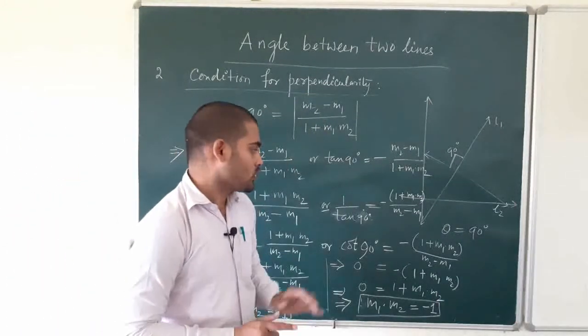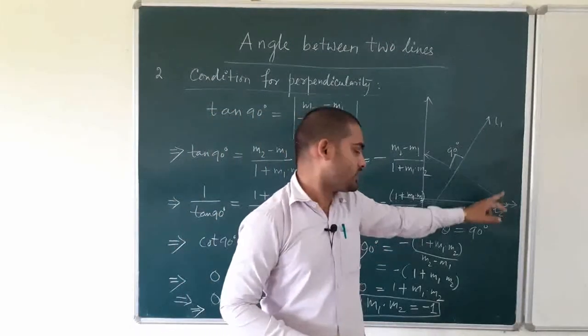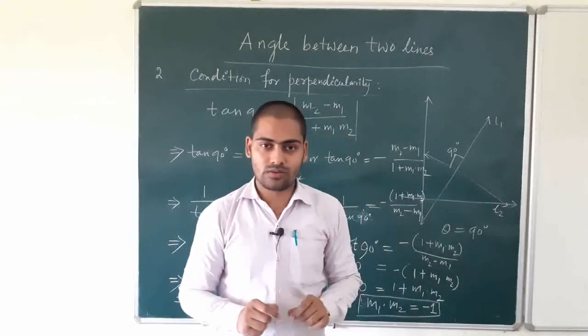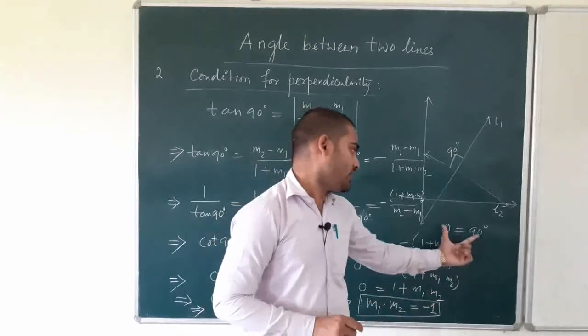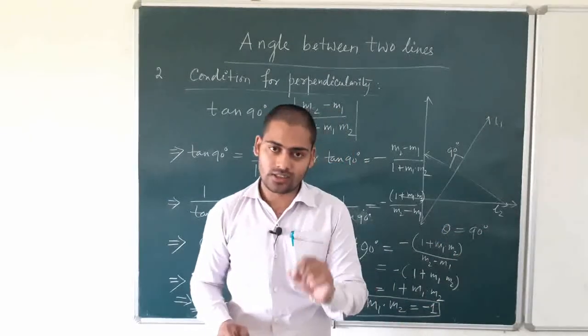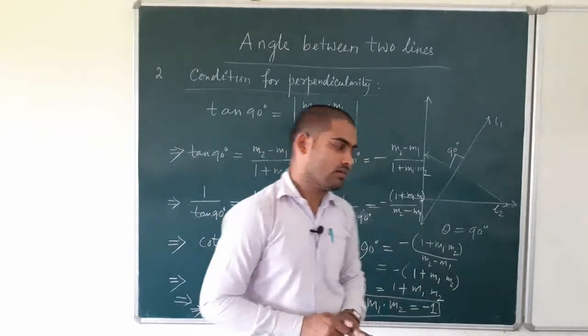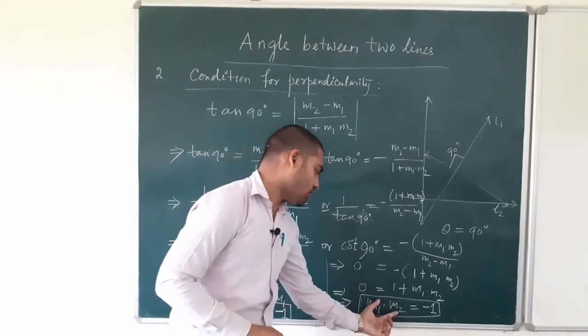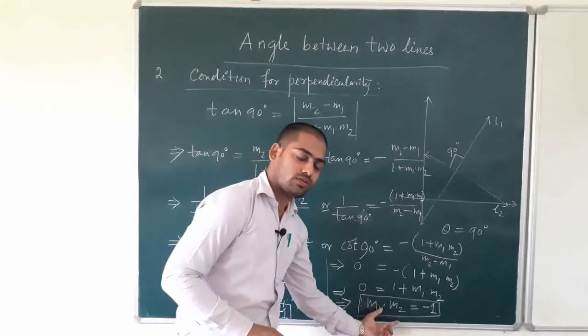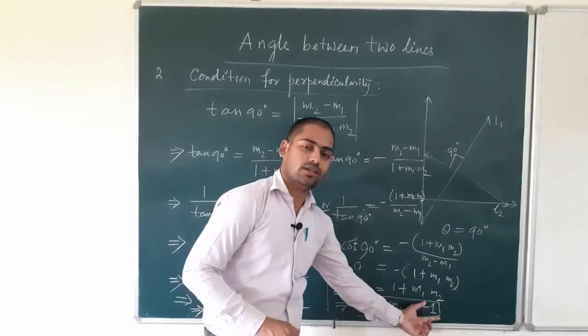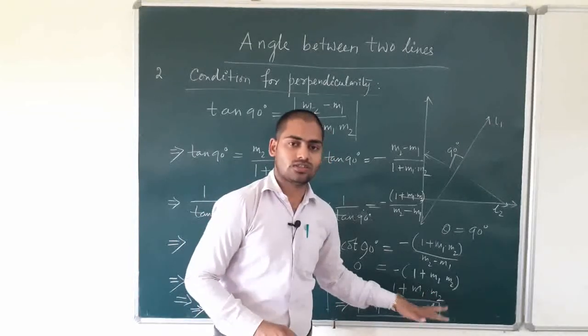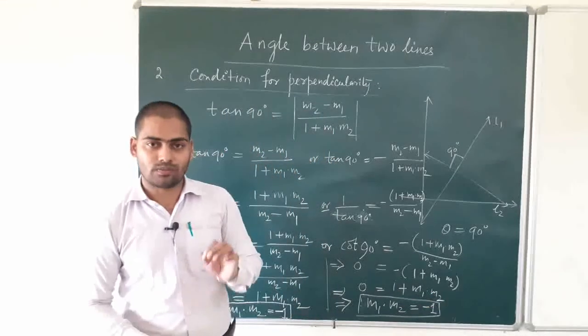If two lines L1 and L2 are perpendicular, that means the angle between them is 90 degree, then the product of their slopes is equal to minus 1. This is the condition for perpendicularity.